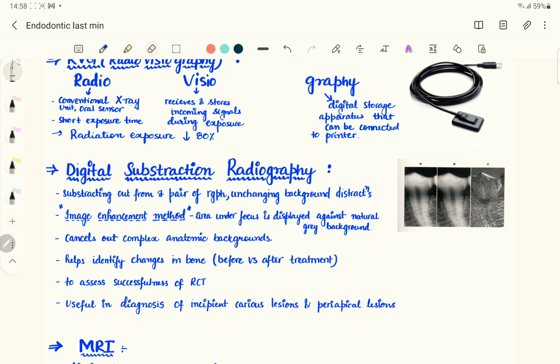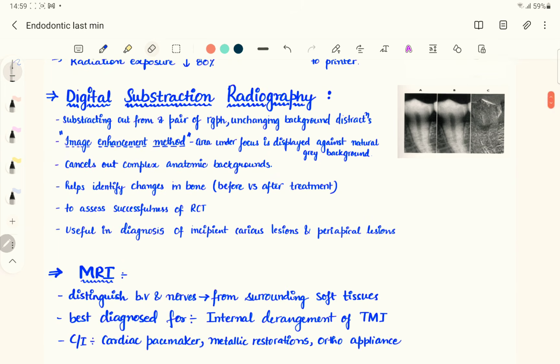It removes all the unchanging background distraction and shows only the changes, subtracting them out from a pair of X-rays. So it displays only the area that has changed. That is why it is an image enhancement method, and it can be used for various purposes. So that's digital subtraction radiography.